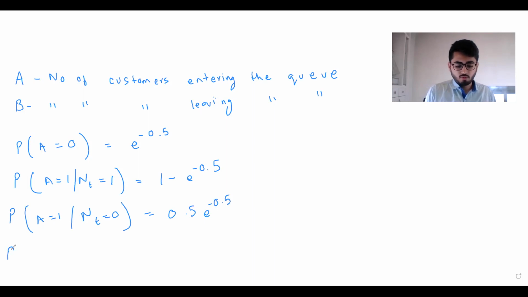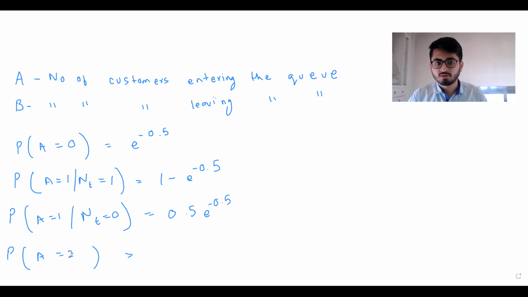And my probability of A equal to 2 will be, I add the probability of A equal to 0 and A equal to 1. Note that 2 customers can join the queue only if NT was 0. Had NT been 1, in that case, maximum 1 customer can join. Had NT been 2, in that case, none of the customers could have joined.